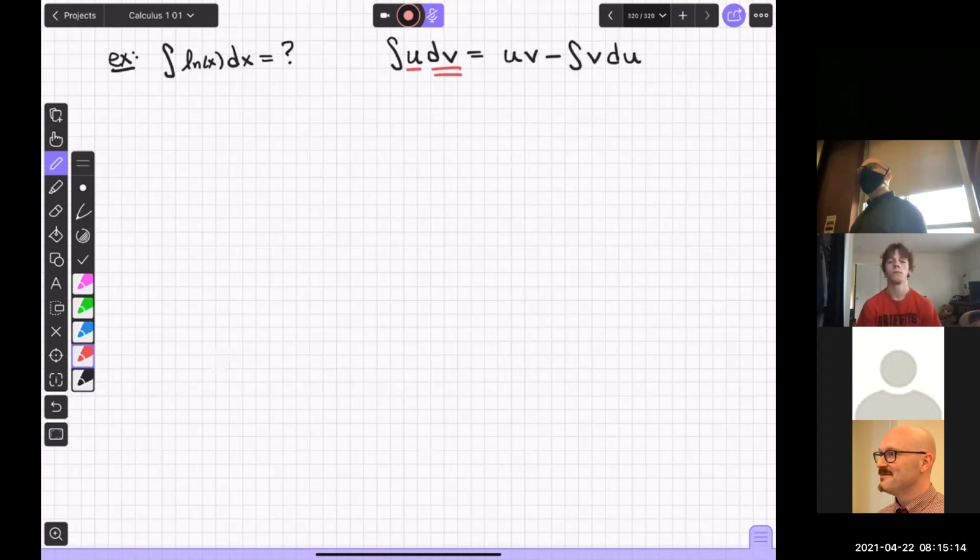So that's the way of kind of understanding how we're going to do what we're about to do. So the u has a special method for selecting it. It's the LIPET, and you go in order. So the very first thing that you look for is if there are any logarithms. Are there any logarithms in this problem? Yes.